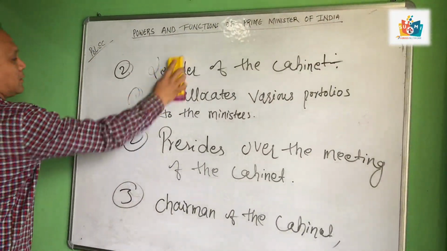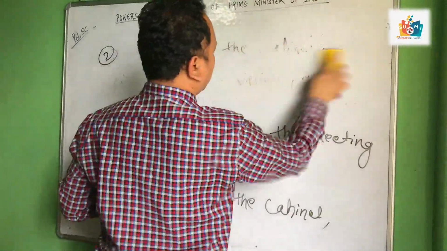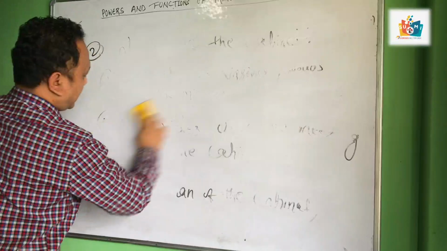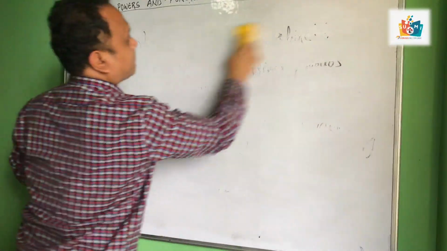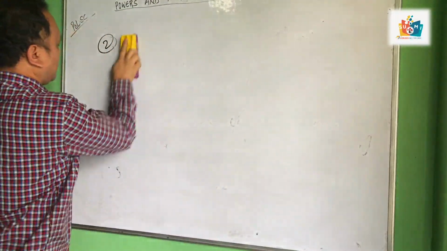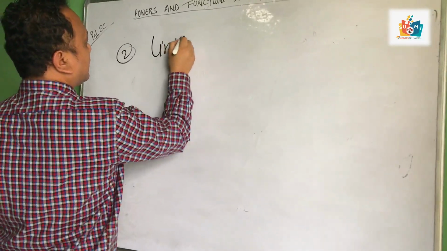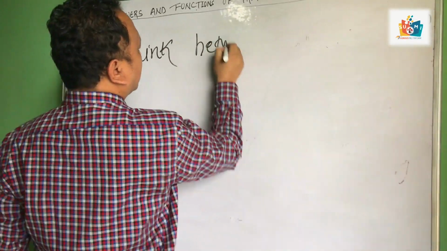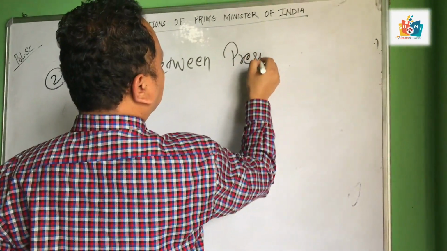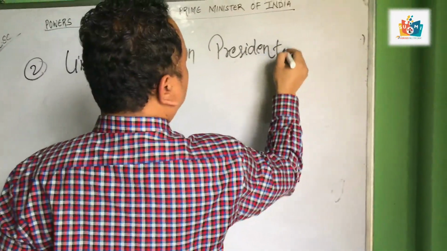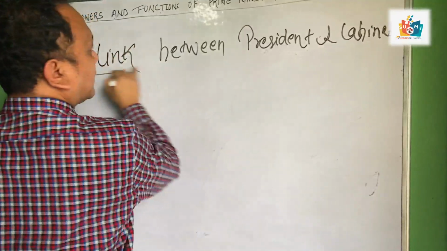And the next power and function of Prime Minister is link between president and cabinet. All right.